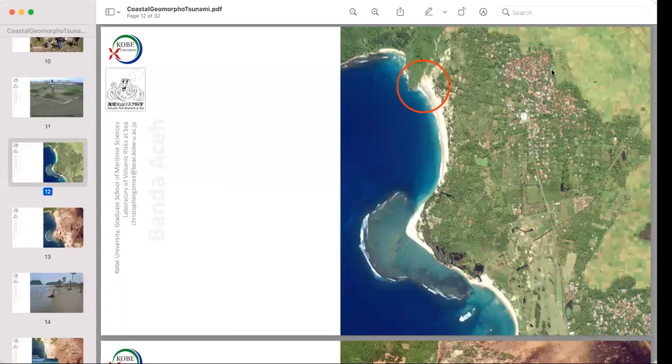And we have the village, which is right here, with the masjid, which is right here. The masjid was not finished when the tsunami came, so the walls were not built. And you're going to see it's very important because it saved the masjid against the tsunami.